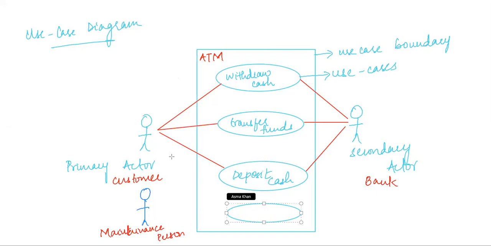Now the job of this maintenance person is to refill the machine. You're going to have a relationship in here. Now this maintenance person does not need any permission from the primary or the secondary actor. He's a completely different person.